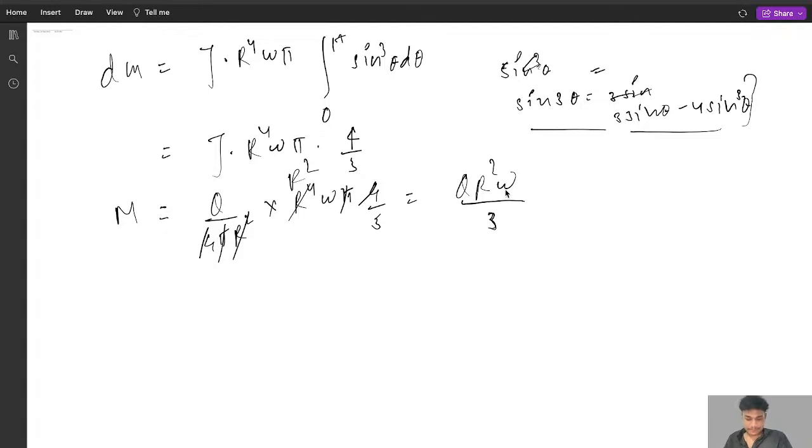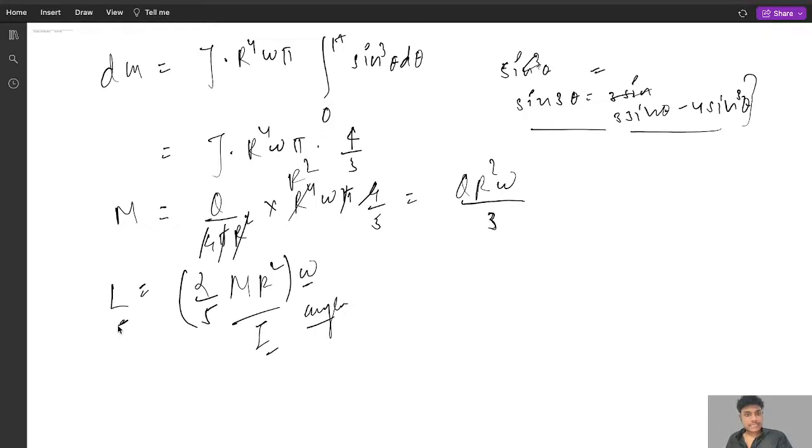Understand this? Now what is our L? That is equal to 2 by 5 times m r square, that is our I, into omega, which is our angular velocity, right? This will give our angular momentum. From here we get m by L is equal to q r square omega by 3 into 2 by 5 times m r square omega.